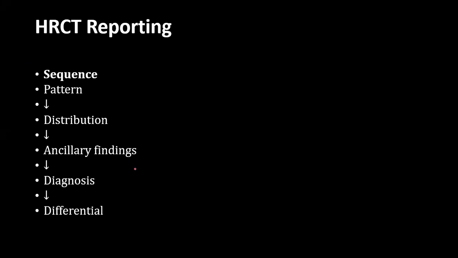Next is the reporting template, which you need to follow while reporting all those low attenuation structures. You need to comment on the pattern, what kind of pattern you're being shown. Next you have to look for the distribution: upper lobe, mid lobe, lower lobe, periphery, basis, or subpleural, peripheral.